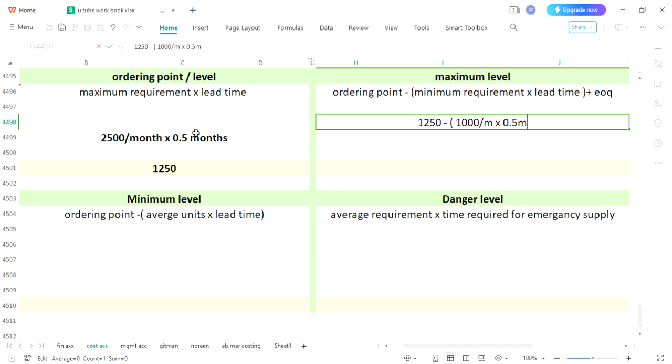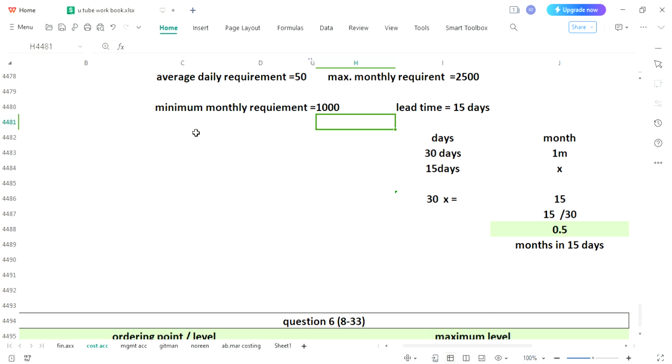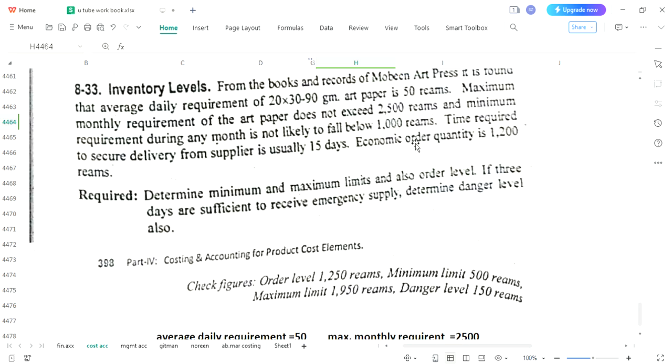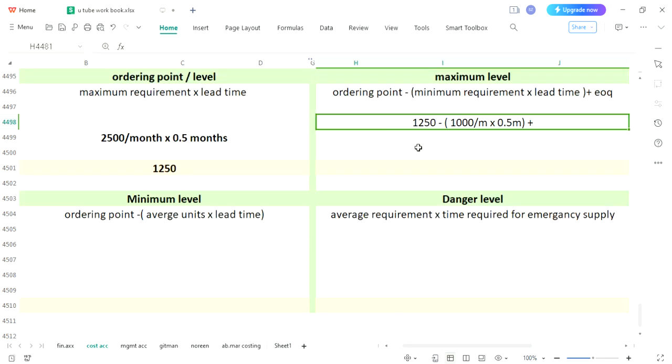Again it is also in months, and then you will add economic order quantity, which is given in the question. Economic order quantity is 1200 reams. So we don't have to change, it is already according to the question, 1200 reams.